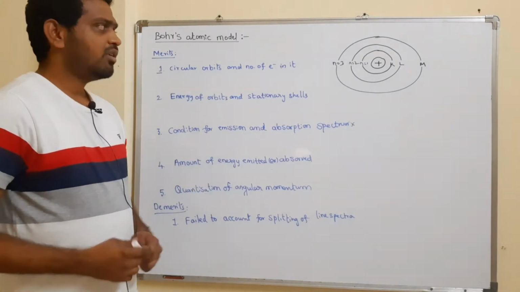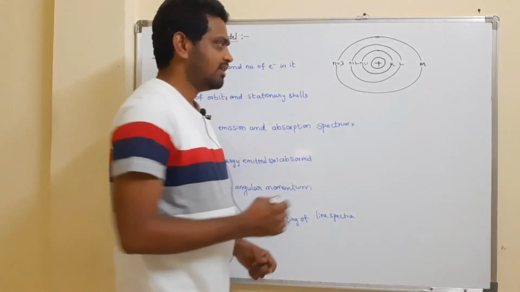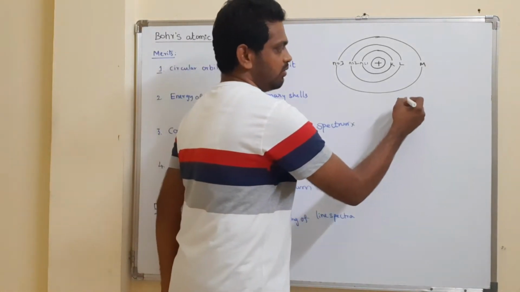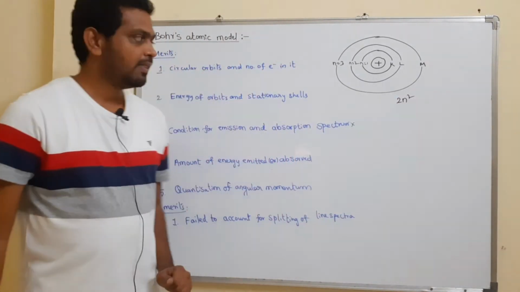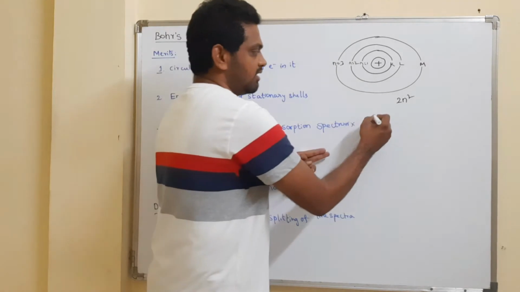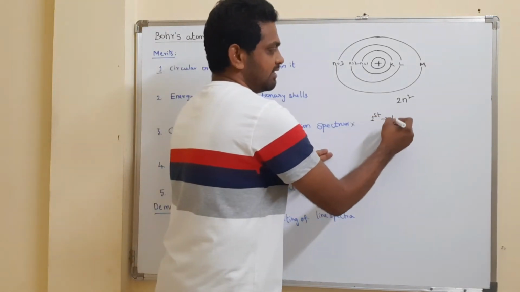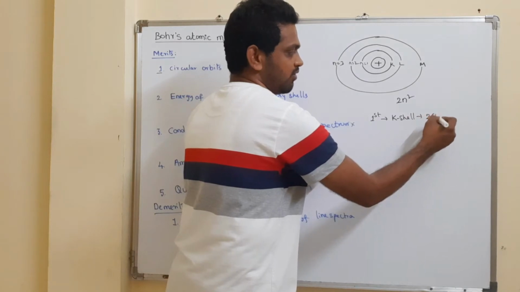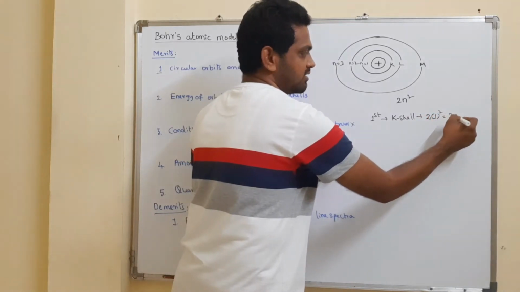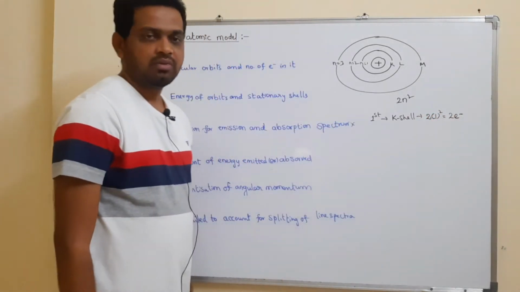And the number of electrons present in a main shell is given by the formula 2n square, where n is called the principal quantum number. In the first main energy level, the capital K shell, we can accommodate a maximum of 2 into 1 square, which is equal to 2 electrons.